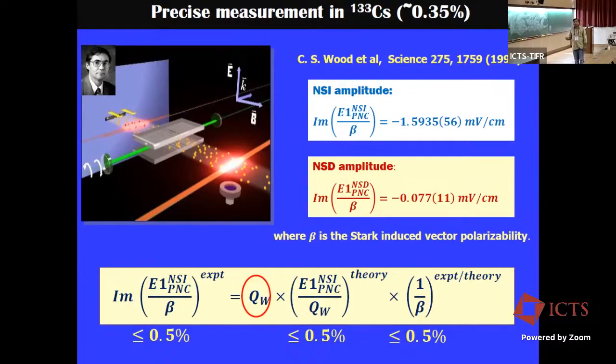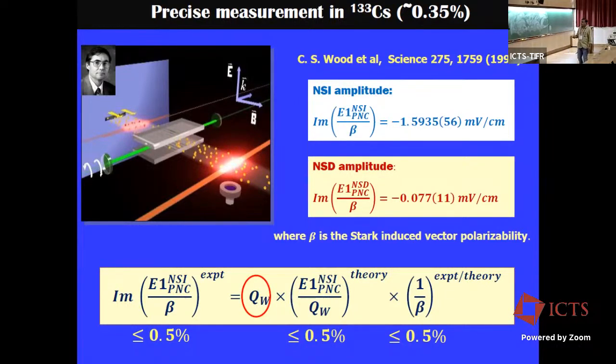This is known as the E1 amplitude, due to the presence of nucleus spin independent parity violating interactions. And then there is also the vector polarizability quantity. So let us say the measurement is within 0.5% accuracy, as is the case in cesium, and then we can perform the calculation.